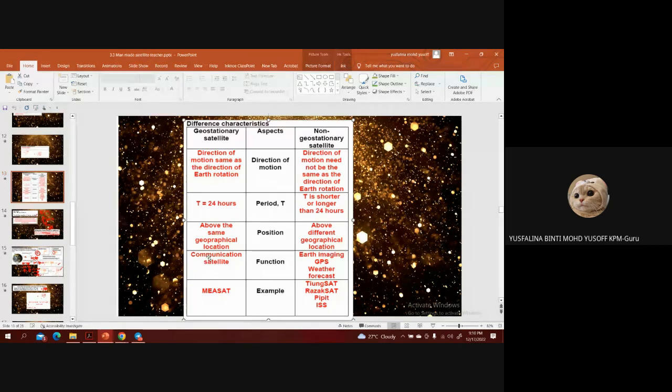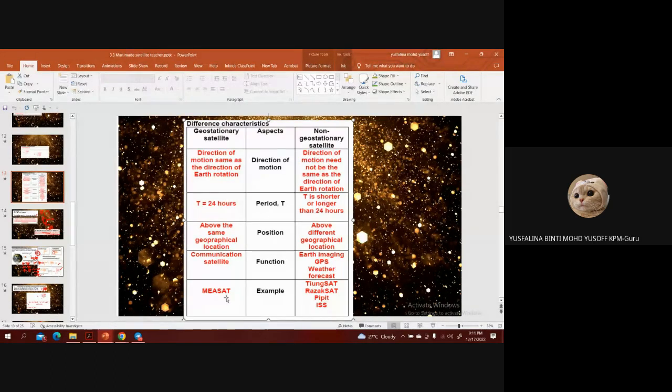If it keeps moving, that is hard. So the non-geostationary is for Earth imaging, GPS, weather forecast, the Waze and Google Maps you use. Also weather, because you have to see the movement of the clouds. That is a function of the non-geostationary.